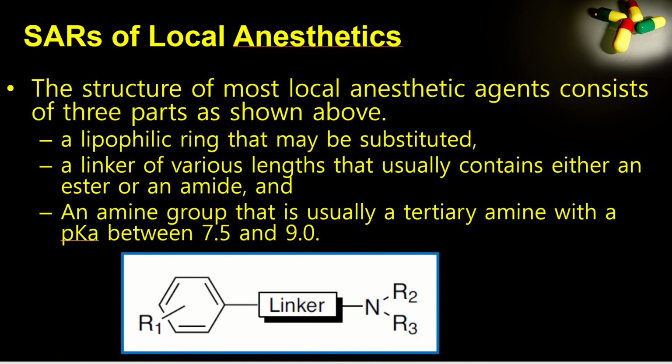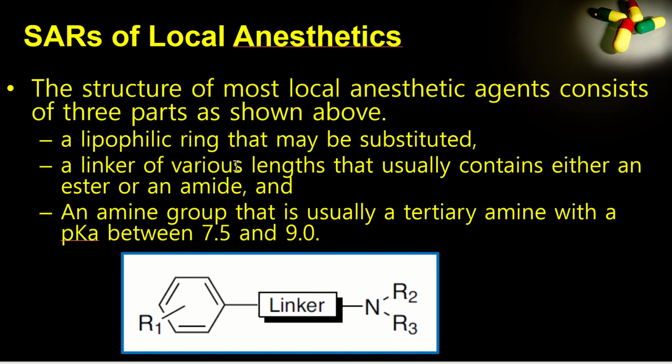All right, so for the structure activity relationship of these local anesthetics, the structure of most local anesthetic agents consists of three parts. First, a lipophilic ring that may be substituted, which is this ring here, where one of the hydrogens could be substituted with something.